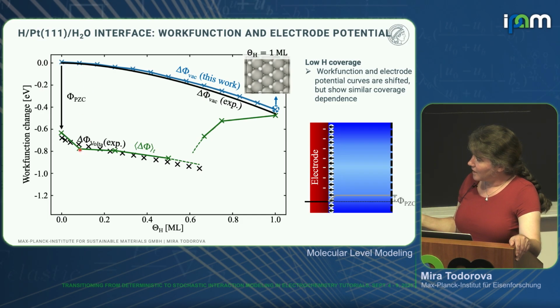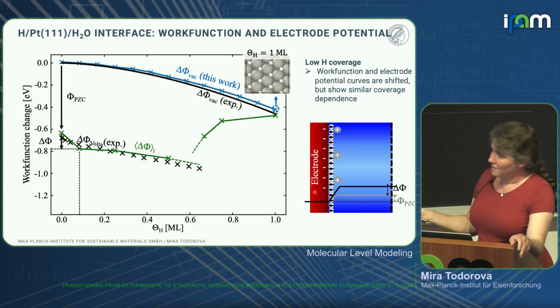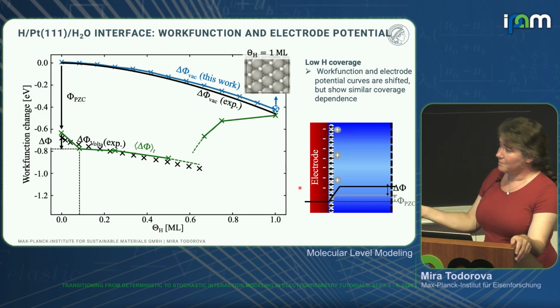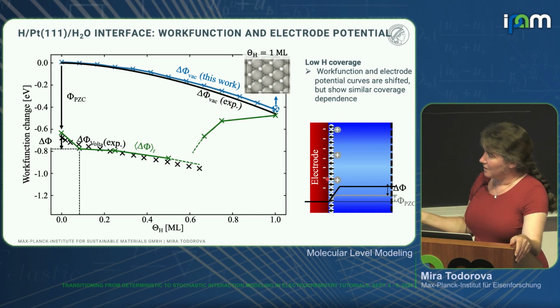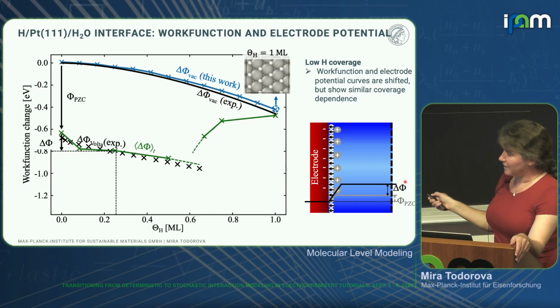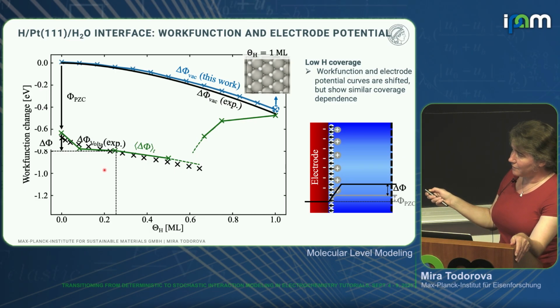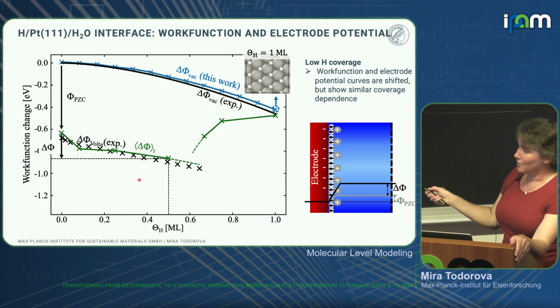As we start putting hydrogen, so this is the potential drop that we have here. If we start putting hydrogen in there, we have additional charges here, so this will change the potential drop, it will become bigger, and this will give rise to this point here. We continue increasing the coverage, and this will slightly modify the potential drop up to a certain point.